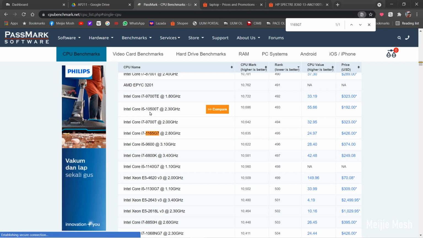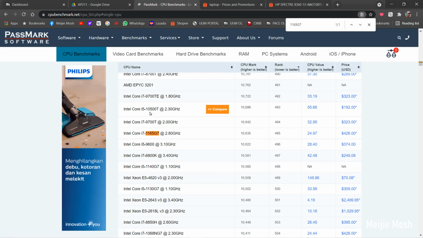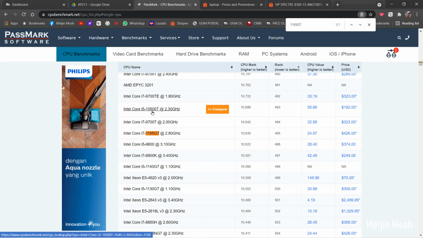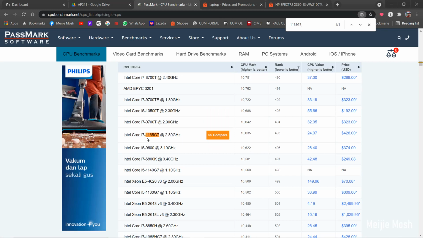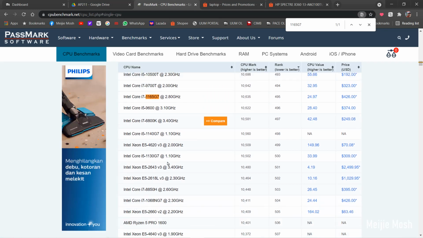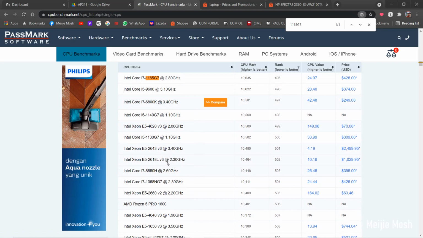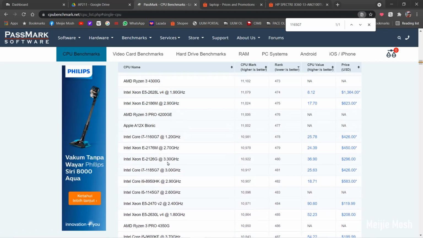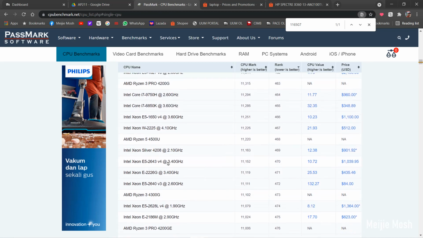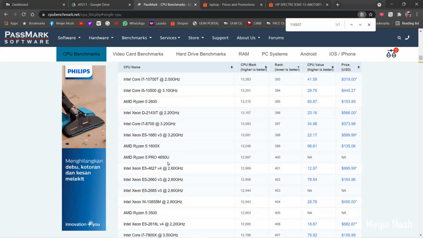Sometimes an i5 is better than an i7, for example this Intel Core i5 10503, which is better than the Intel Core i7 1165G7. So this is a tip, if you want to buy a laptop or a computer, then probably you take a look at this website.